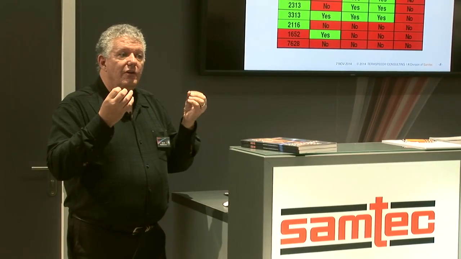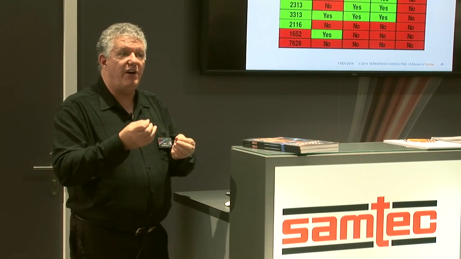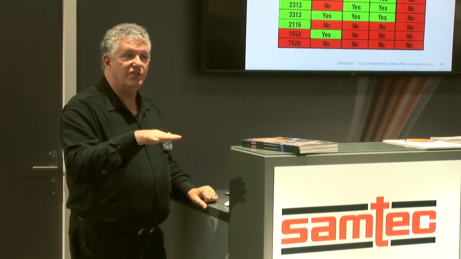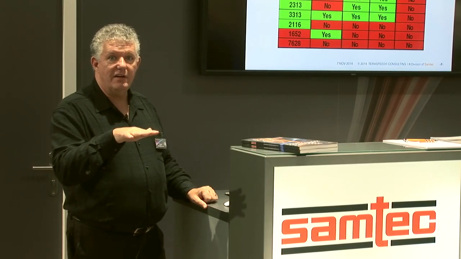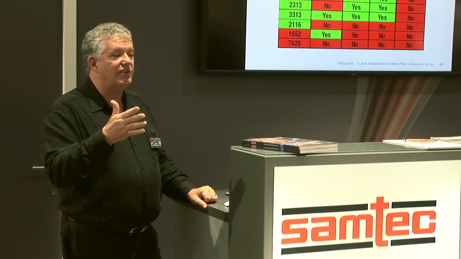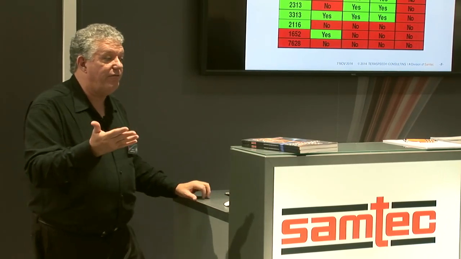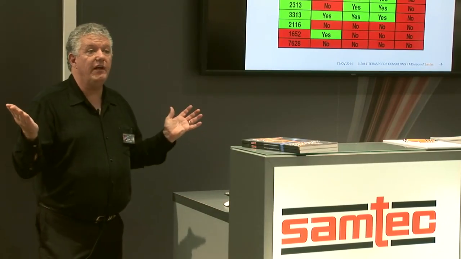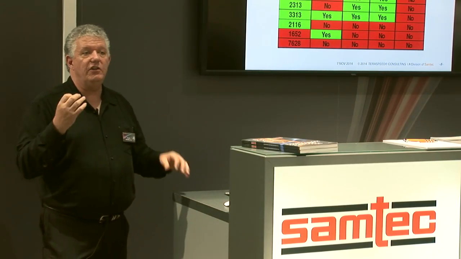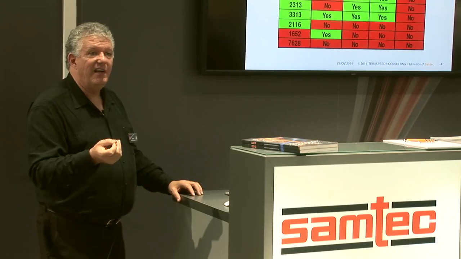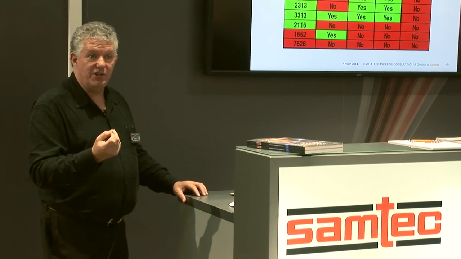Now, if you're a design engineer designing a printed circuit board, if you do not specify the fiberglass that's being used, if you don't call that out, then what happens is the fabricator will use whatever they want. And what they want is they're going to use the absolute cheapest material that gives them the most profit margin.